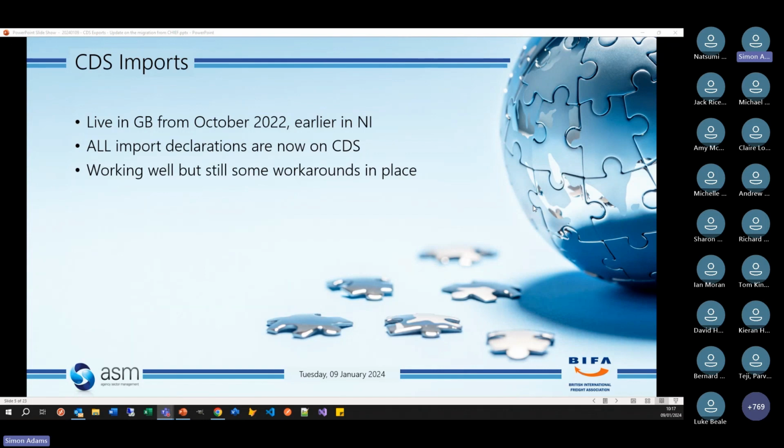There are still some workarounds in place as they find solutions to putting in new business rules and making sure various regimes and procedures are all working properly. There are still some improvements that can be made, but that's a forward process. But generally the system is working well for the declaration side.